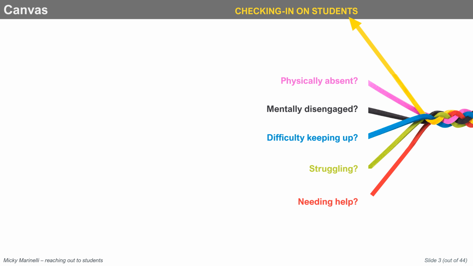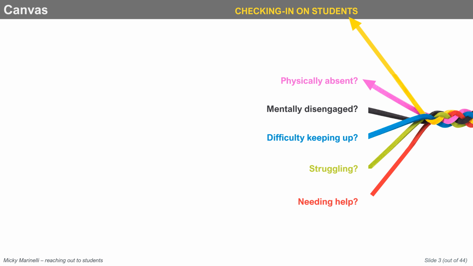The first is to check if the students are physically absent or if they disappeared and nobody noticed. Perhaps you don't take attendance, or you don't have mandatory attendance, or you only have it for a portion of your classes, or you meet quite infrequently and you don't know if the student has disappeared for some time.